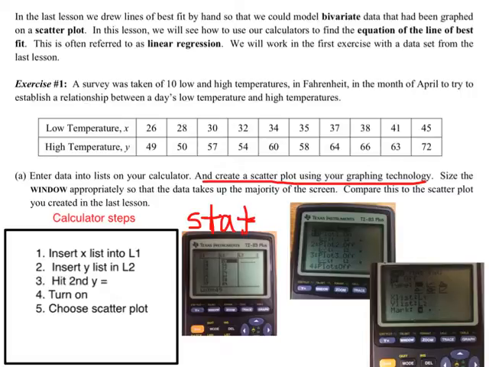Second thing I'm going to do is hit second Y, and then this screen is going to come up. So second Y, we want to talk about my stat plots. I'm going to hit enter.